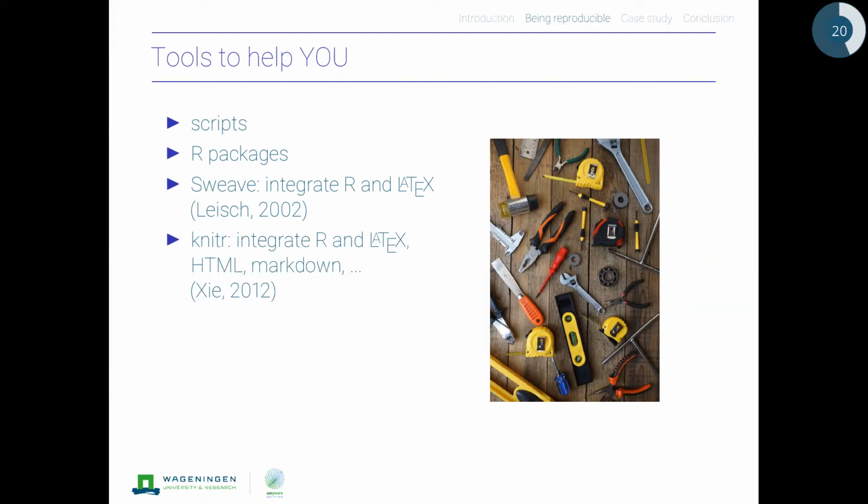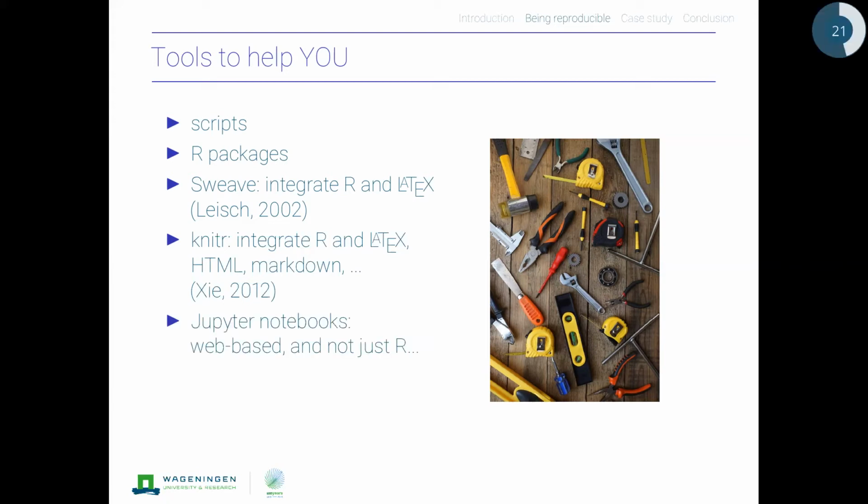This was further developed in a package called Knitr, which integrates R and LaTeX, but also Markdown, and it not only can be used to make PDF documents, but also to make HTML output so that you can show the results on a web page.